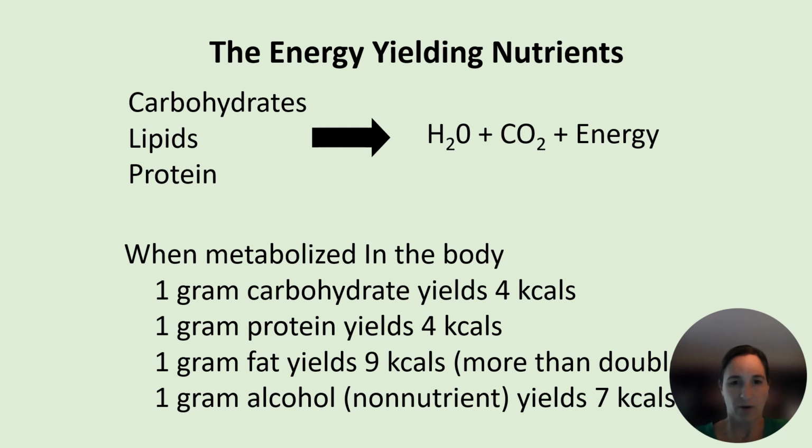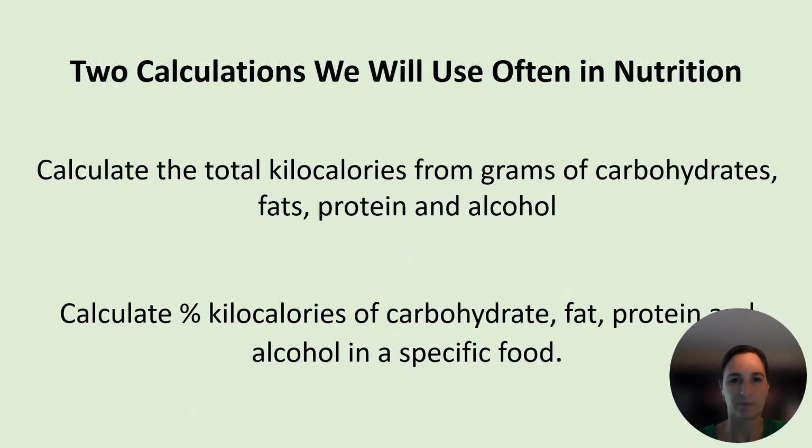So when we're thinking about the amount of calories that can be yielded from a particular food, I want you to know these numbers. And we're going to look at some problems, and I'll give you some examples. But basically, two calculations that we'll use really often in nutrition are as follows. So we're going to want to be able to calculate the total number of kilocalories from grams of carbohydrates, fats, proteins, and any alcohol that's present in our food or drink.